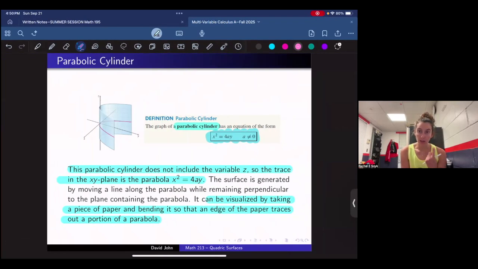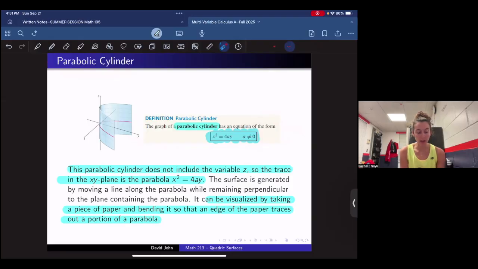Our first cylinder that we're going to be talking about is our parabolic cylinder, which has the general equation x squared is equal to 4ay. Our a, obviously, is restricted. It cannot be equal to 0.